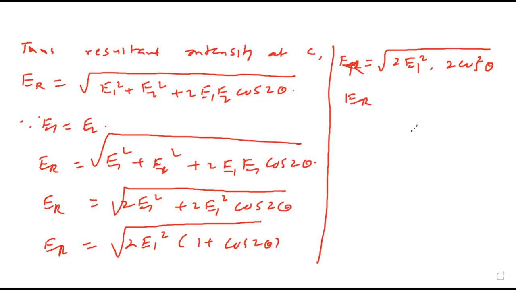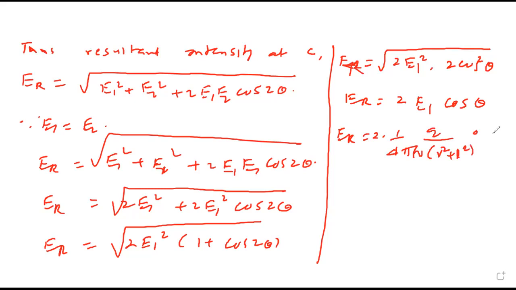Therefore, ER equals 2 E1 cos theta. So the resultant is 2 times 1 upon 4 pi epsilon naught, q upon r square plus L square. Cos theta is the adjacent side L upon the hypotenuse root of r square plus L square.